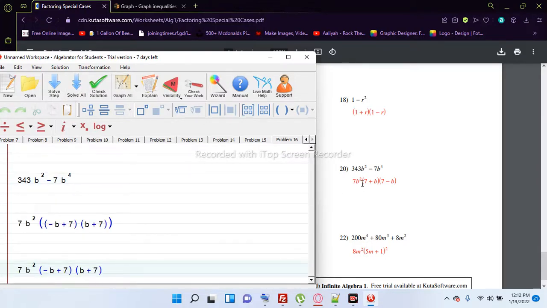7b squared, parentheses 7b, parentheses 7 minus b. 7b squared, parentheses negative b plus 7, parentheses b plus 7. And it has 7b right here.